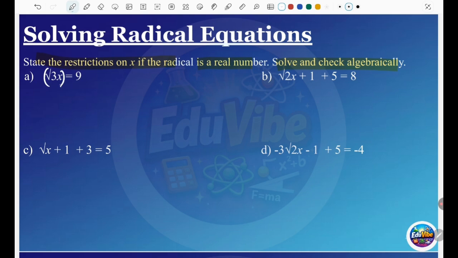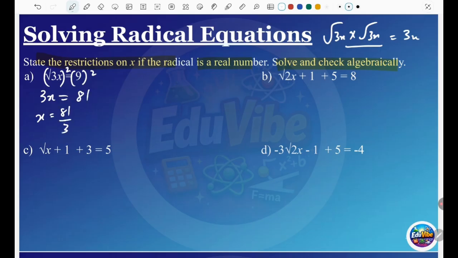Root 3x multiplied by root 3x gives 3x, which is very easy to solve. So 3x is equal to 9 times 9, which is 81. So 81 upon 3, you get x is equal to 27.